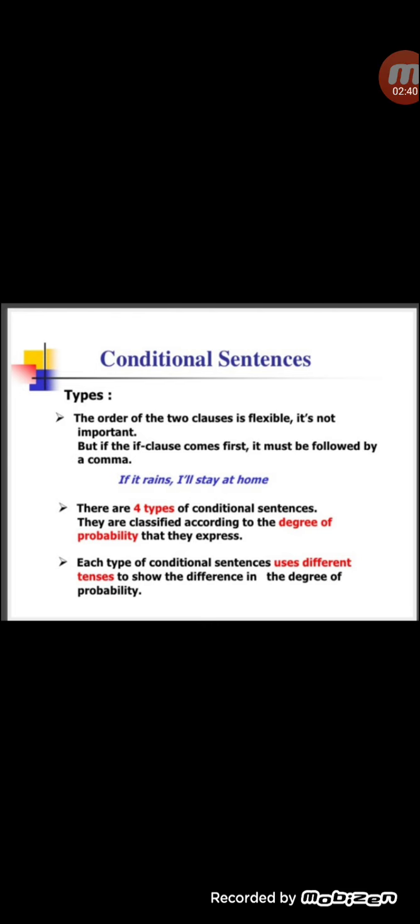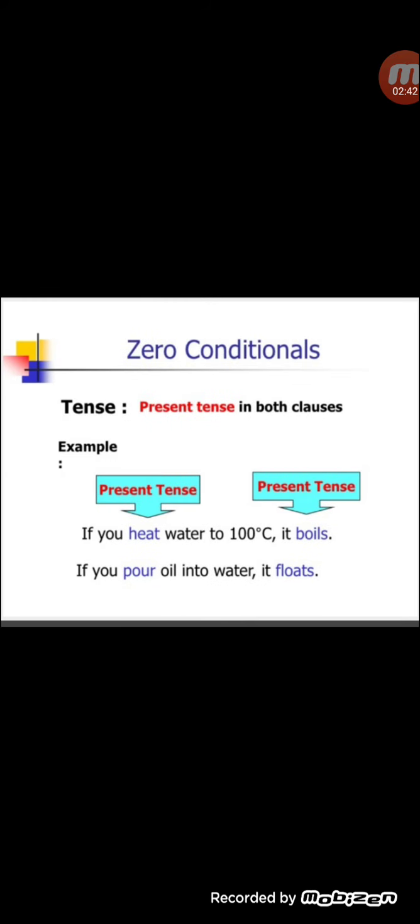Okay. And now let us see the other thing. Here the first one is zero conditional. Okay. The tense of the zero conditional is present tense in both the clauses.